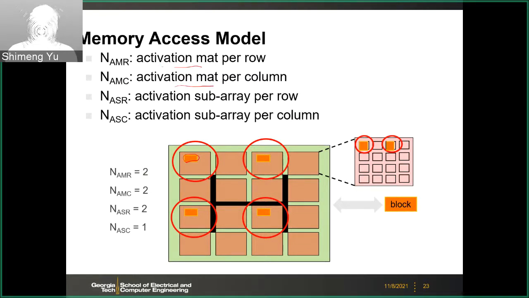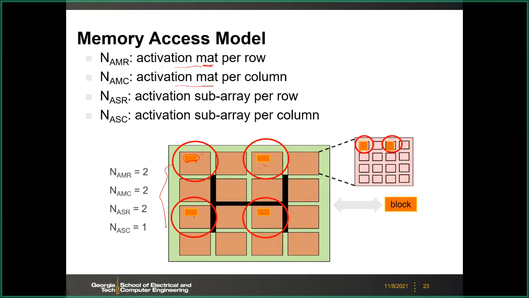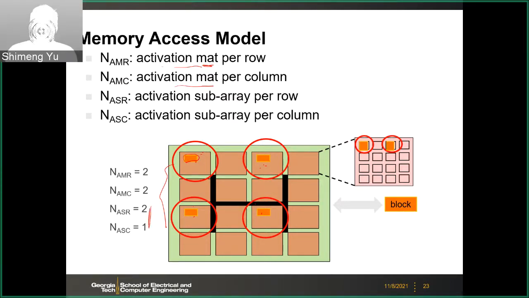So here you are going to activate those from those 2 by 2, like those four, in this case they call it a mat. You will fetch the data from those mats. And then within the mat, you're going to have 2 and 1, means you're going to fetch the data from those 2 subarrays. So those can be changed by your architectural level design, depending on the I/O requirement, how much data you need to prefetch.